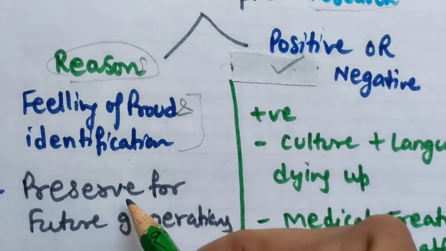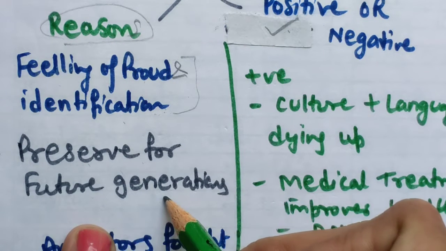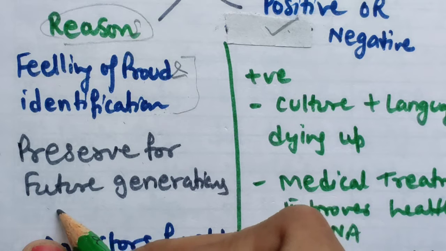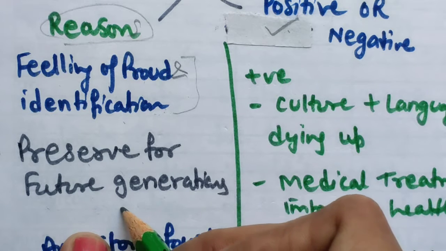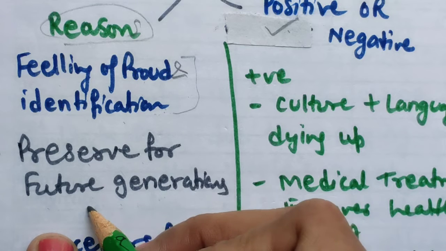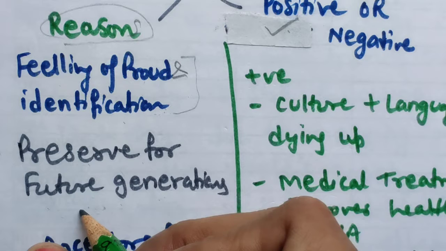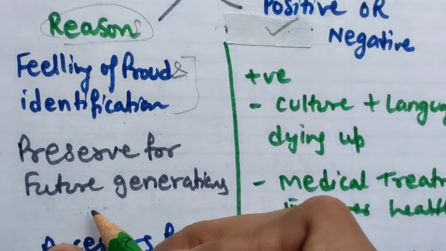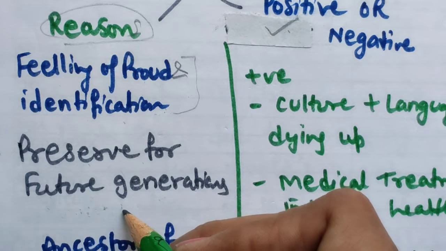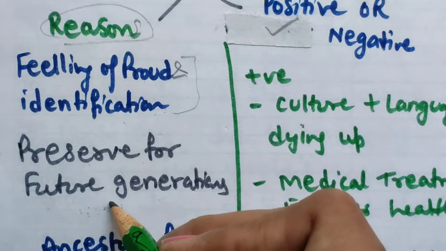And if they get these things, they can preserve them for future generations. They can make it into books, since they are doing research for their studies as well as for future generations. Or they may preserve it with modern technology, like a PDF or a pen drive.